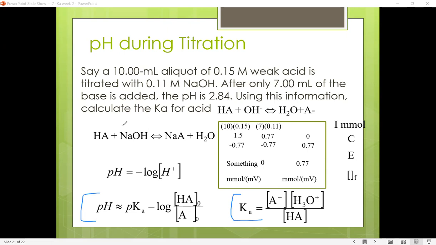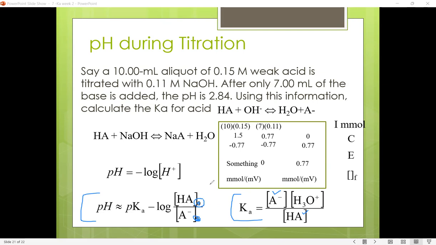The big idea is that we have to have the concentration of this, and the concentration of this. In the Henderson-Hasselbalch, we use the approximation that we're using the starting concentration. We won't use that, because then we won't see any difference between those values. We're going to want to estimate that for each step of the titration.